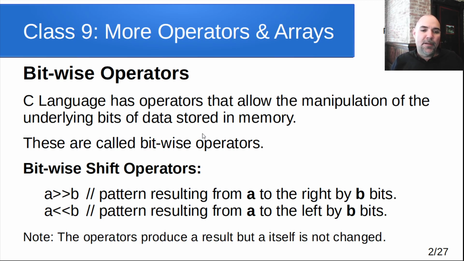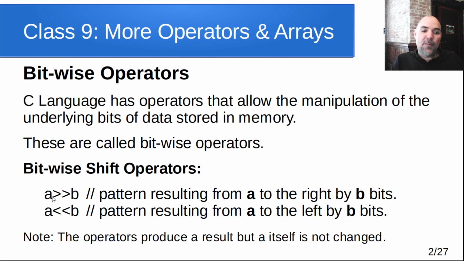Now, the bitwise operators operate on bits. That makes sense. All right, so the first ones here, the bitwise shift operators, they essentially take some pattern of bits as represented by some integer type, and then we can shift either to the right or we can shift to the left. And the number on this side is how many bits to shift by.